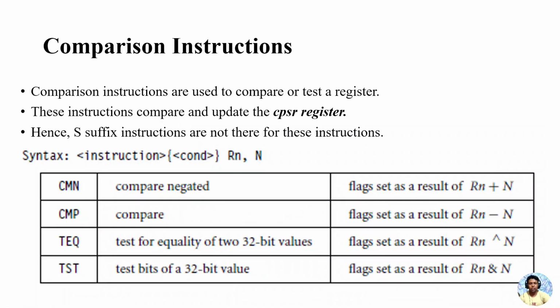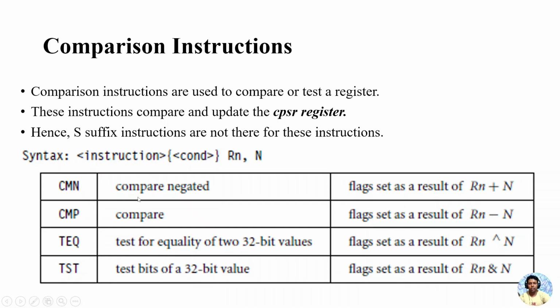Comparison instructions. Comparison instructions are used to compare or test a register. These instructions compare and update the CPSR flags. Hence, the S suffix is not there for these instructions. The syntax is instruction, condition, Rn and N. Rn is the destination, N is the source.